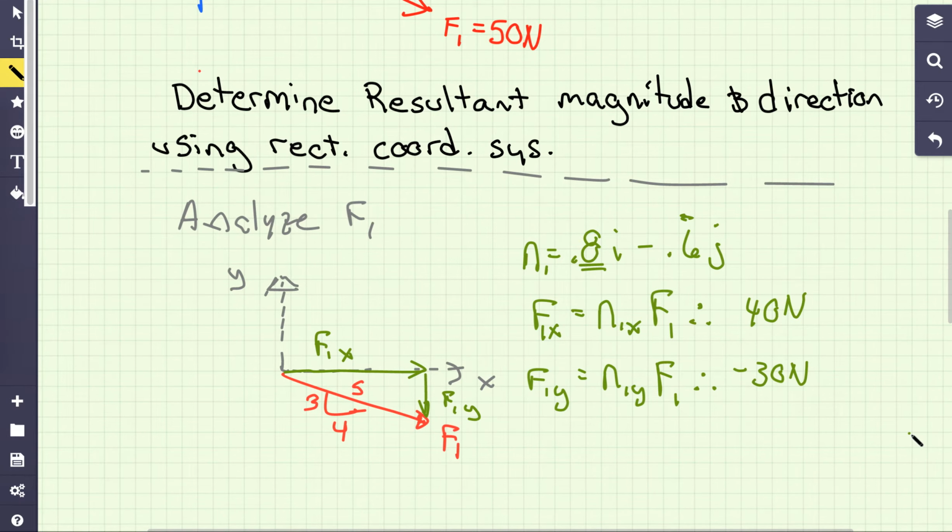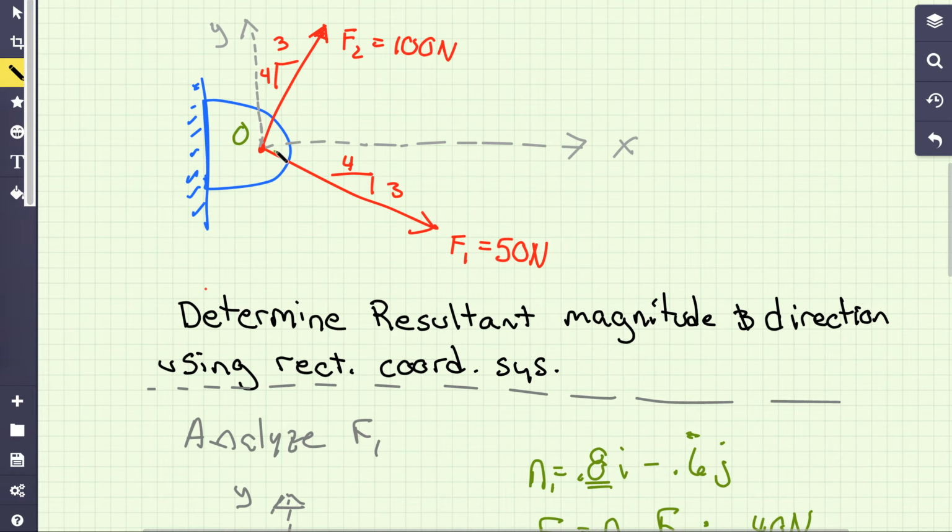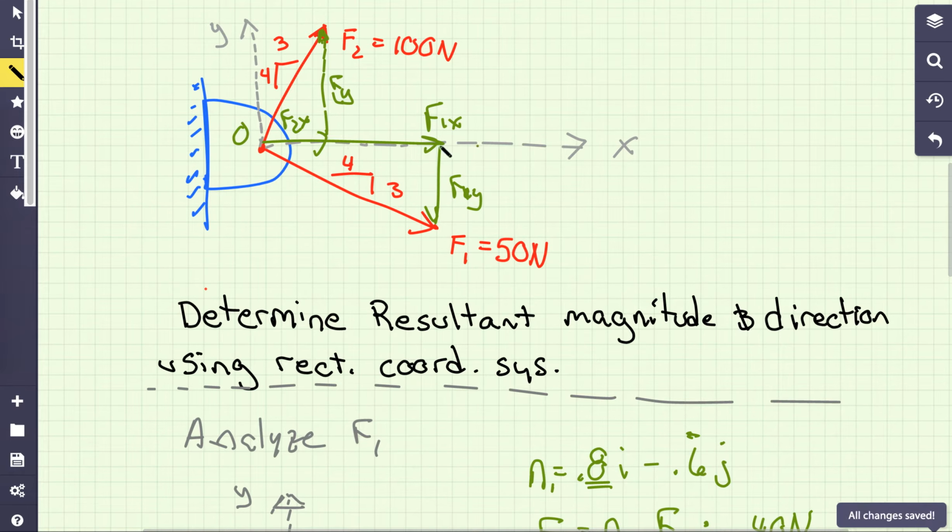So if we look up here, we see there's an F1 in the X and an F1 in the Y. There's also an F2 in the Y and an F2 in the X, and then we're going to add these components up.